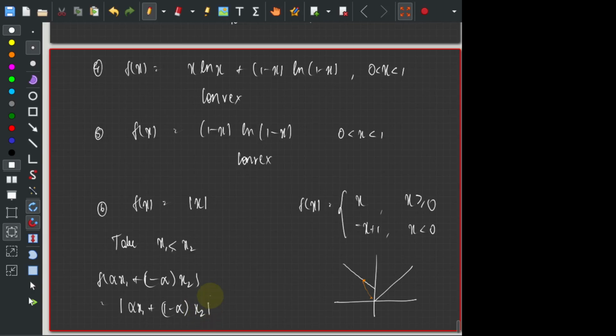What do you know about the mod? What is mod y1 plus y2 compared to mod y1 plus mod y2?